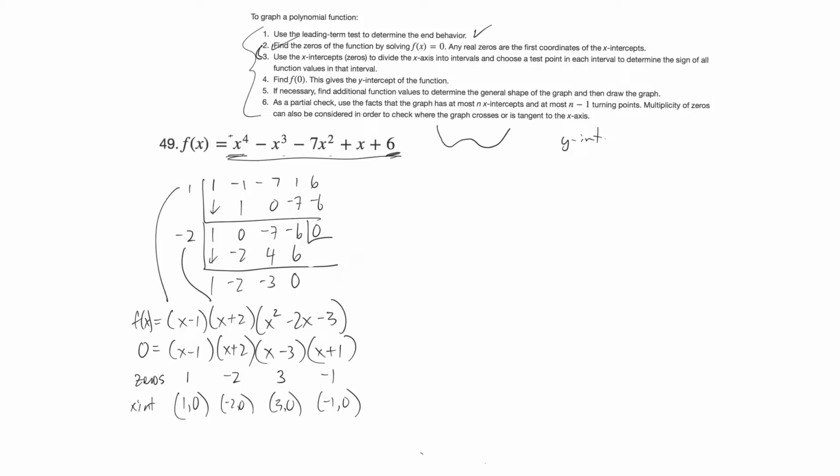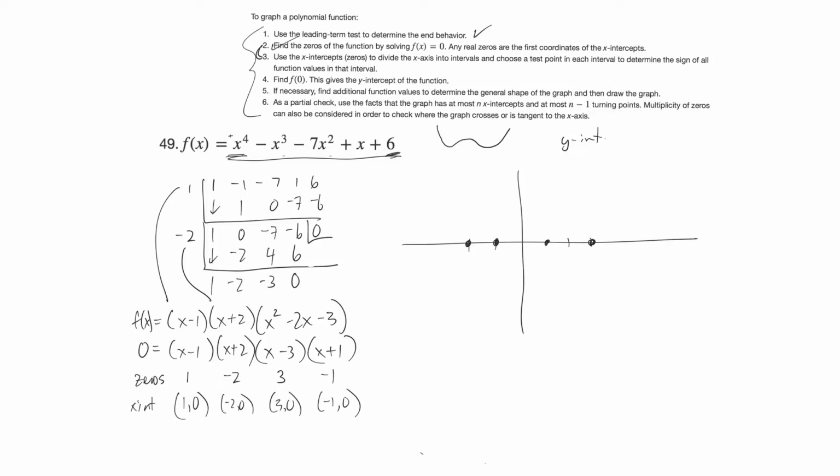Now they say choose a test point in each interval to determine the sign of all function values in that interval. So if I graph this thing, at 1, 0 something happens. At minus 2, 0 something happens. At 3, 0 something happens. At negative 1 something happens. So they say find a test value.